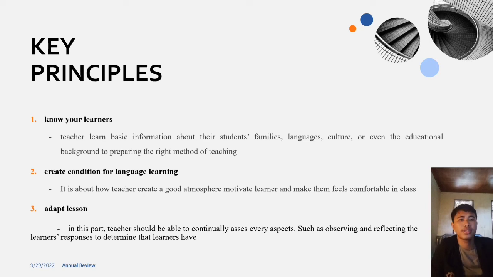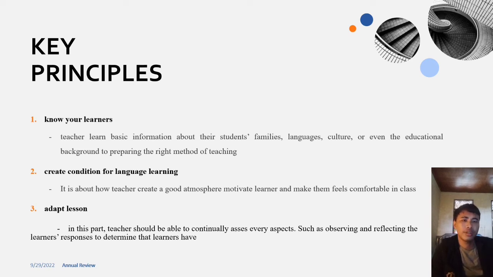And then the next one is create a condition for language learning, which is about how the teacher creates a good atmosphere, motivates learners, and makes them feel comfortable in class. A great, comfortable condition in class makes students feel they can do better if we create a good atmosphere.